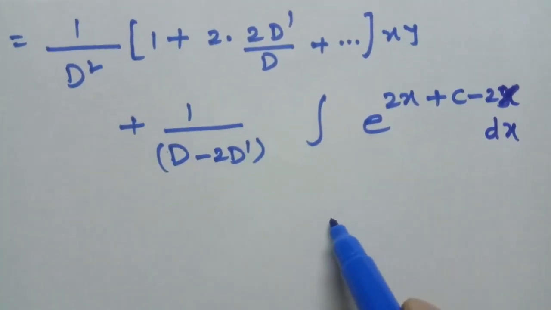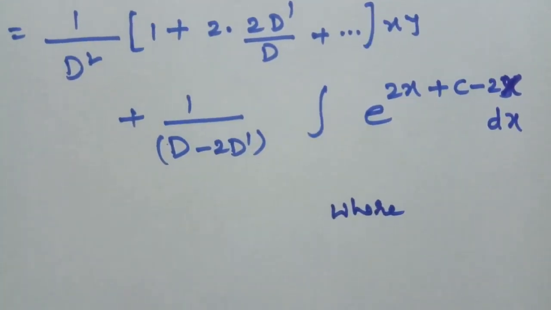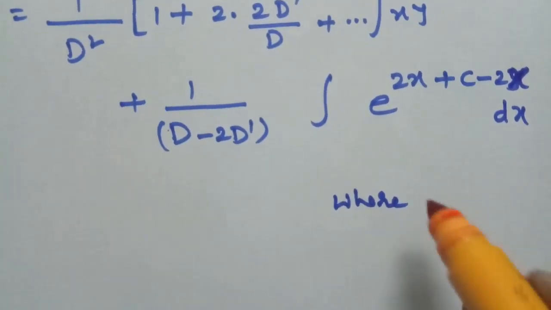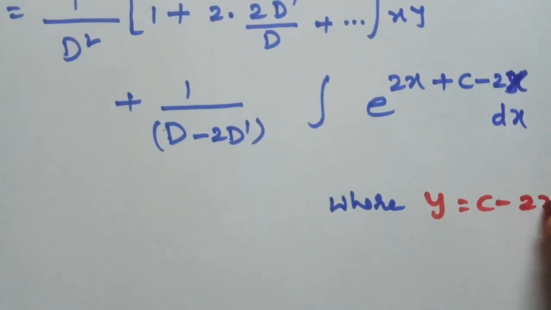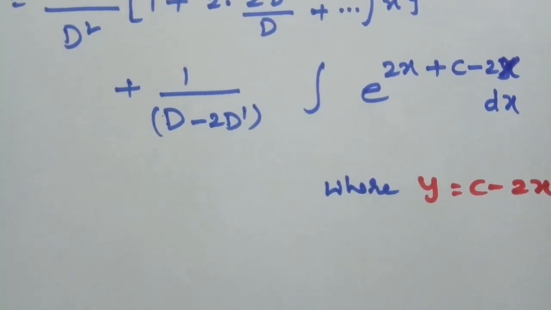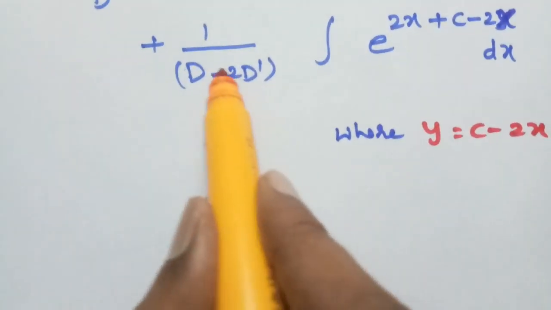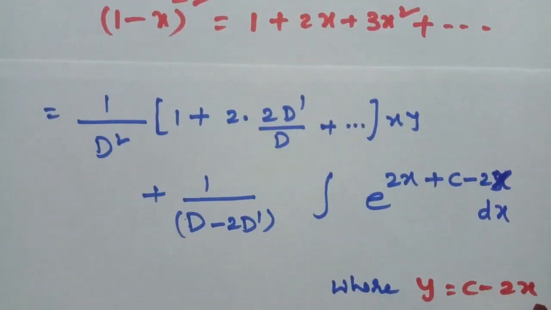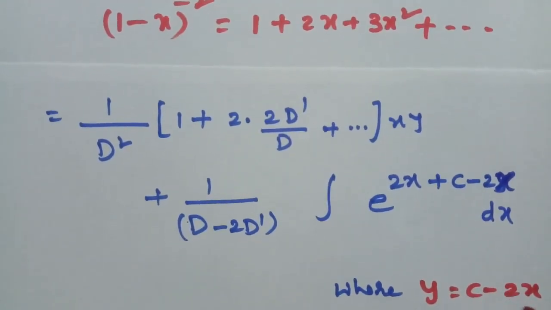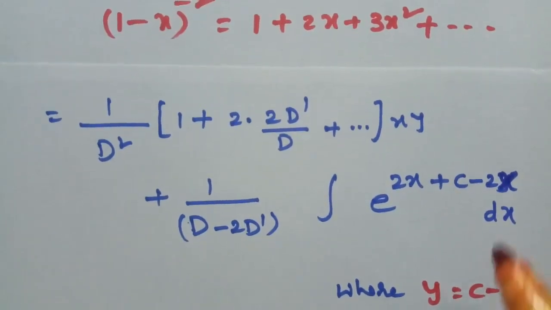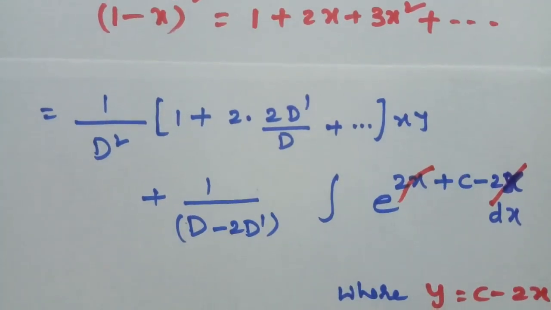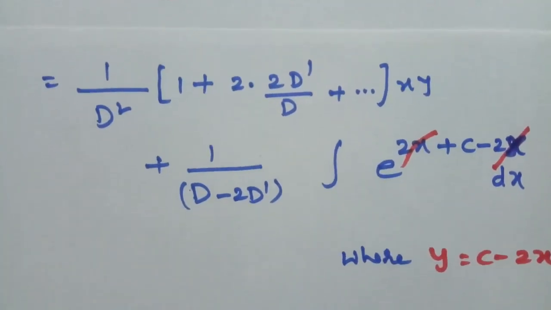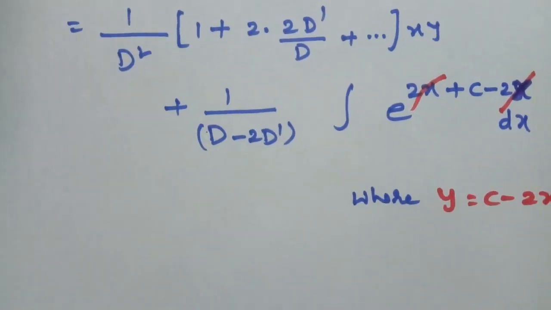Where y is equal to c minus mx, and m is equal to 2 here. So we are writing this as m1, this as m2. Therefore c minus m1x, where m1 is 2. Therefore here 2x gets cancelled. We already explained the procedure in rule number 4.